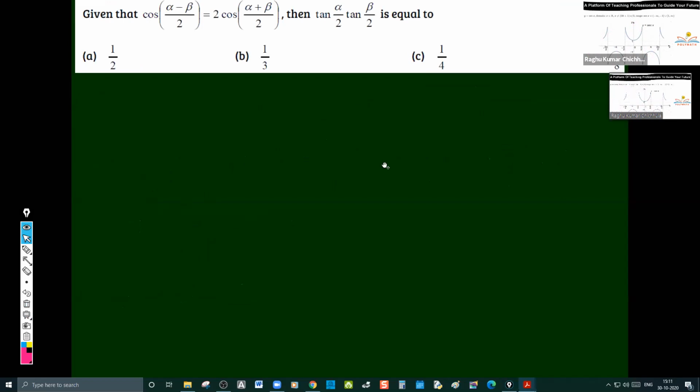Any one of you, please, tell me the idea to solve this problem. Just the idea. I'll give you a hint also.